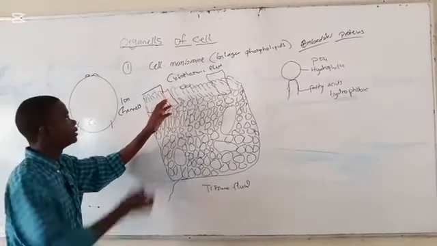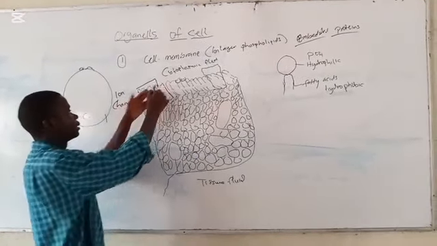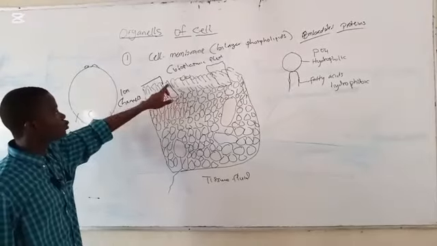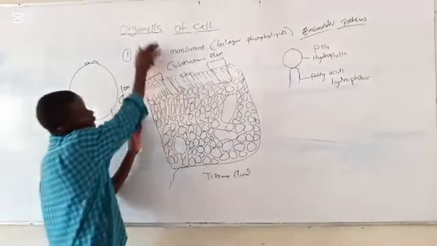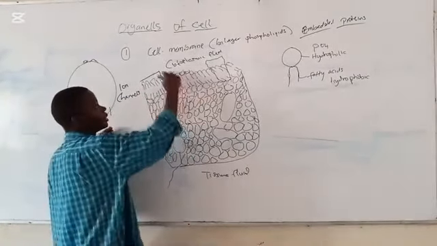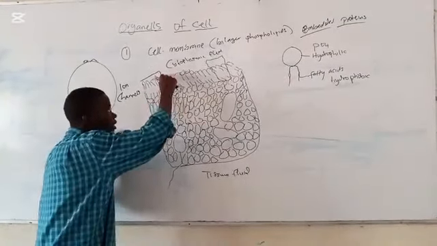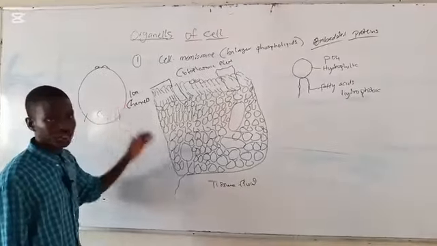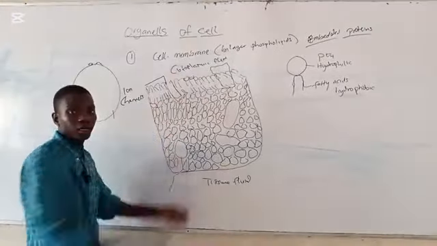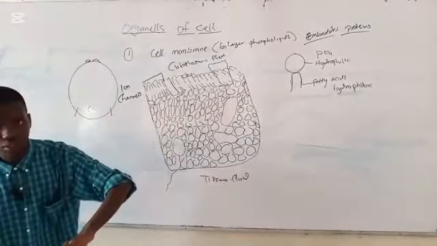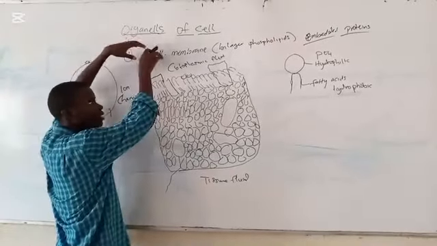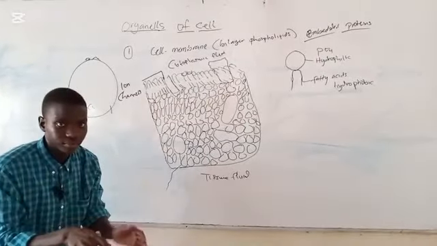As you can see clearly, this tube-like extension that cuts across the cell membrane is what we call the ion channel. The ion channels, as the name suggests, are passageways or mediums whereby ions can get into the cell or get out of the cell.